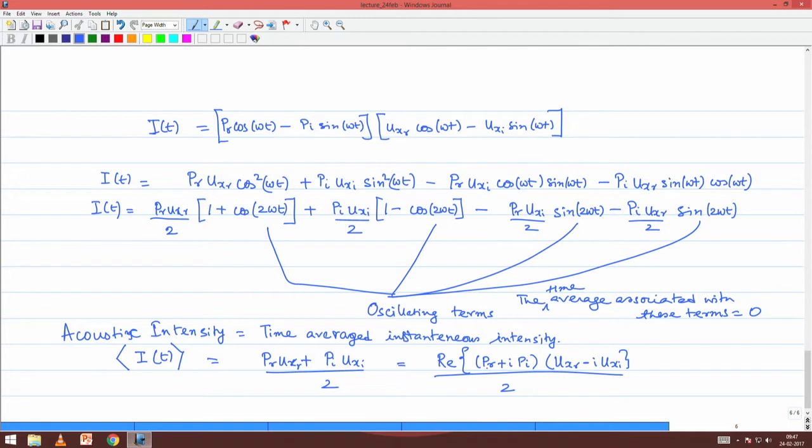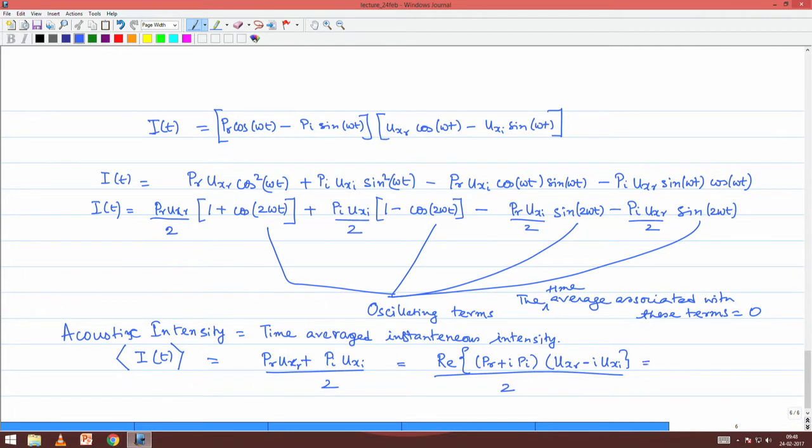You can verify that P r u x r is real, and P I u x I comes with a minus I square, and minus I square is plus 1. So, the real part of it is P r u x r plus P I u x I, right. So, this is in fact leading to this answer.